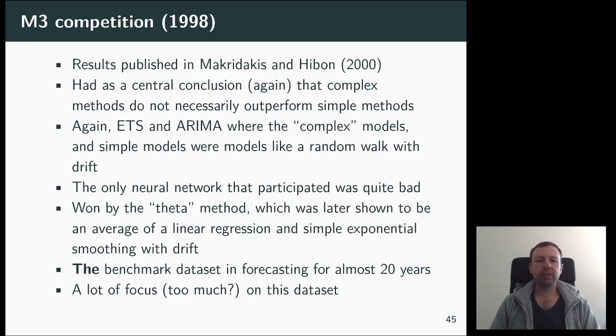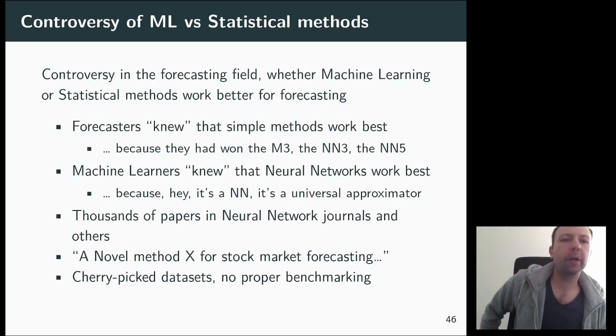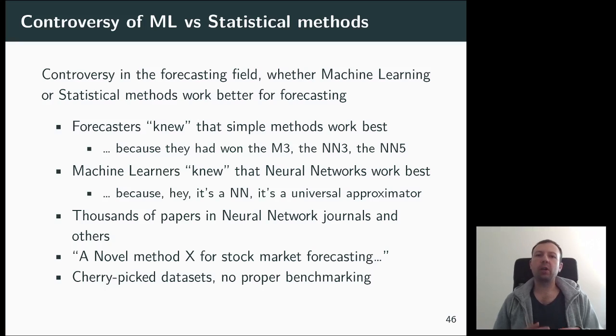Then after the competition, this M3 dataset went on to be the benchmark dataset in forecasting for almost 20 years. And there was a lot of focus on this dataset, probably too much focus, because people were really honing in on this dataset. And so throughout the years, there was always quite a controversy over whether machine learning methods or statistical methods are better for forecasting.